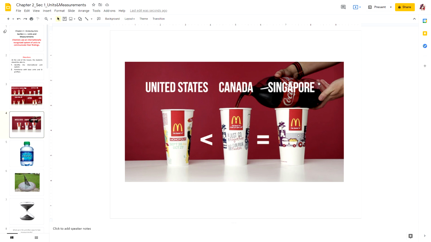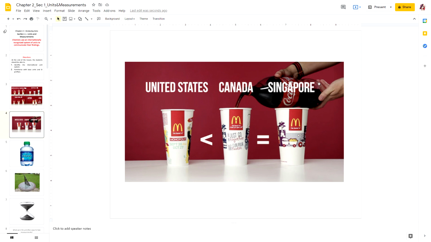Here's another picture just showing that the cup in the US, which looks just the same as in Canada and Singapore, would be regarded as less than the one in Canada and equal to the one in Singapore.